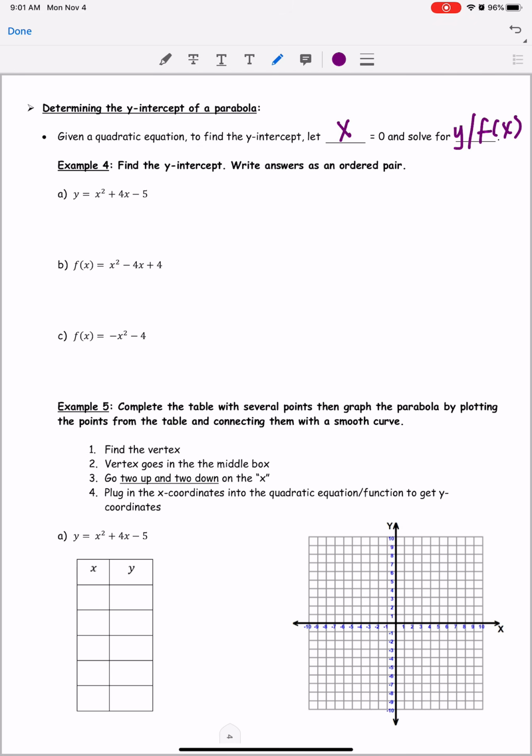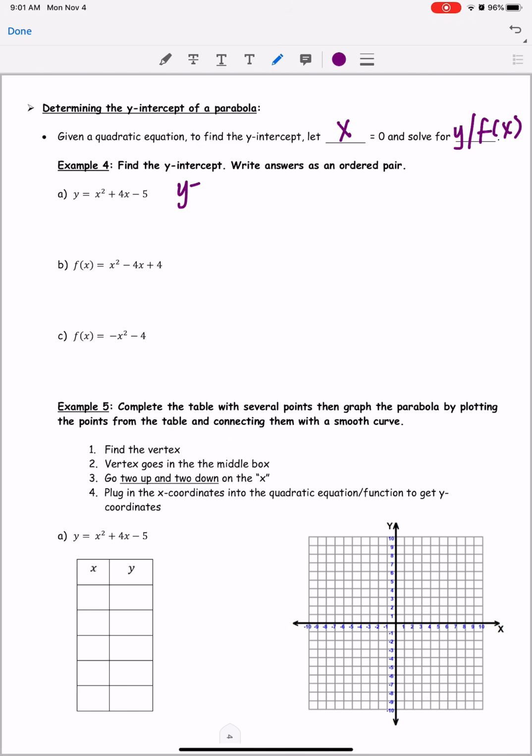So, example 4 says to find the y-intercept. Write your answers as an ordered pair. So to find this, all we are doing is plugging in a 0 into both of those x's there.